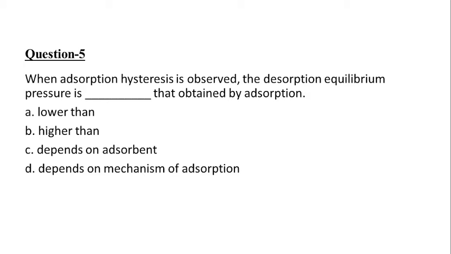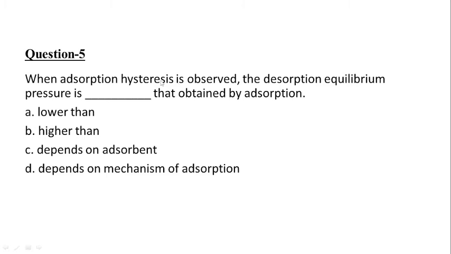Which one is higher, adsorption equilibrium pressure or desorption equilibrium pressure in an adsorption hysteresis? We know that the desorption equilibrium pressure is always lower than the adsorption equilibrium pressure in a hysteresis, adsorption hysteresis. So option A is correct.